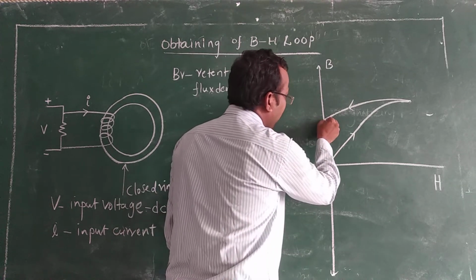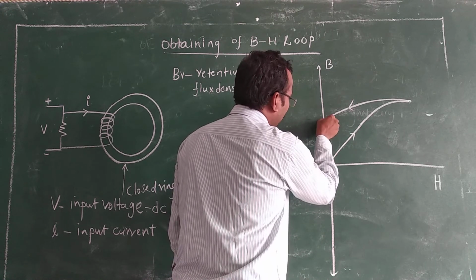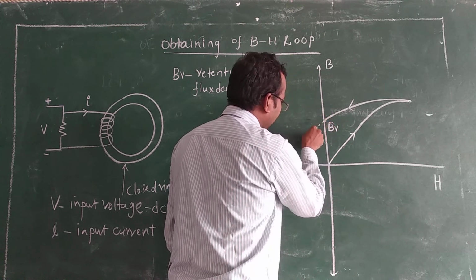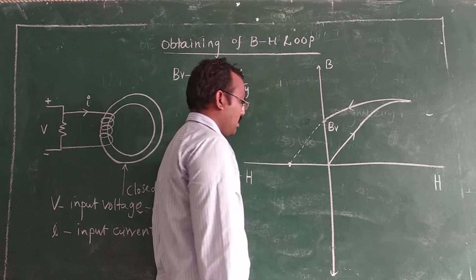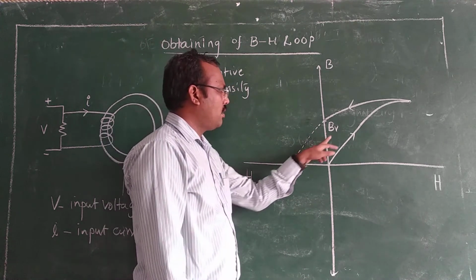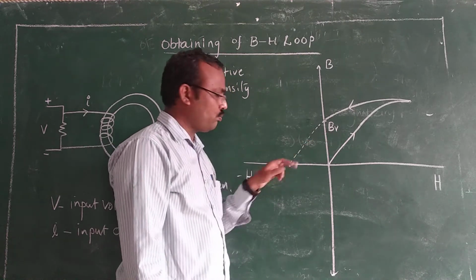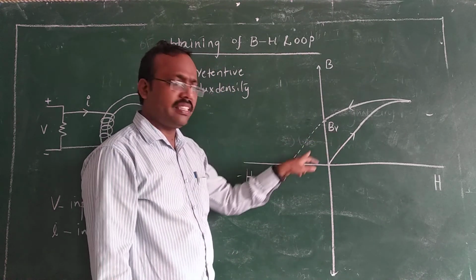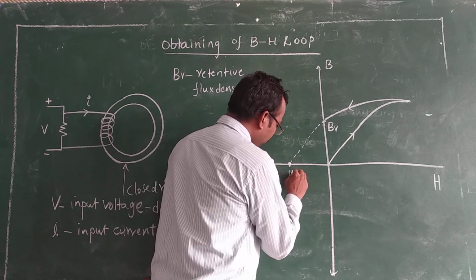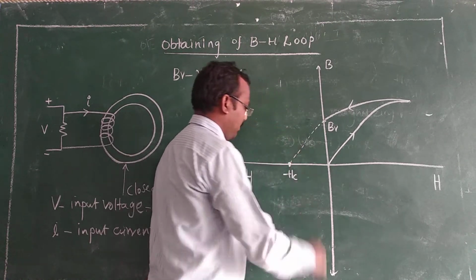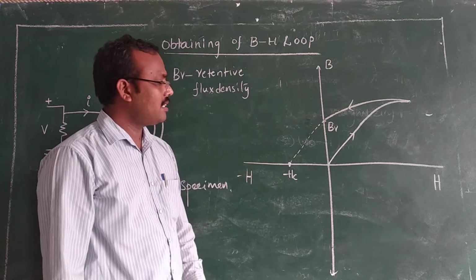The dotted line indicates the flux. At this point the magnetic flux is zero, so at this point H equals minus Hc.